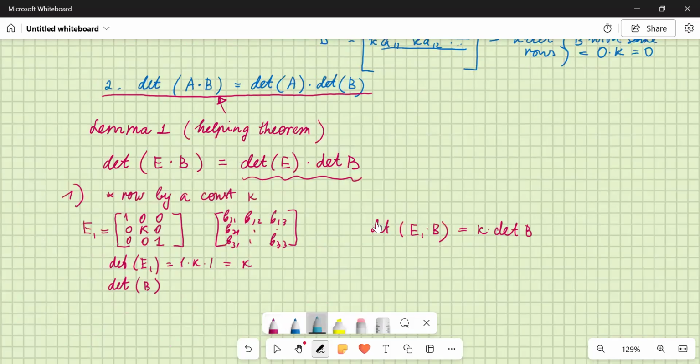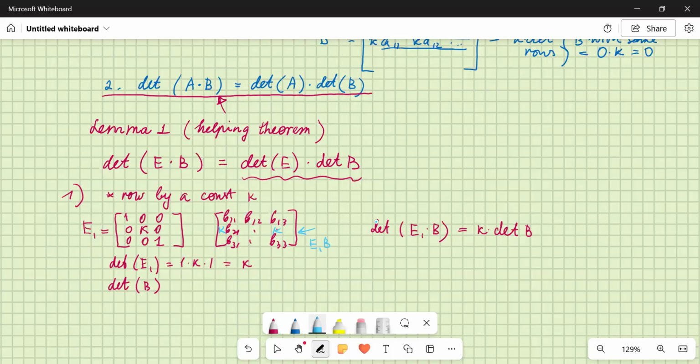So I'm going to use some blue marker to write down that if I put k over here and k over here, that's going to be E1B with k. So now what are we going to see?